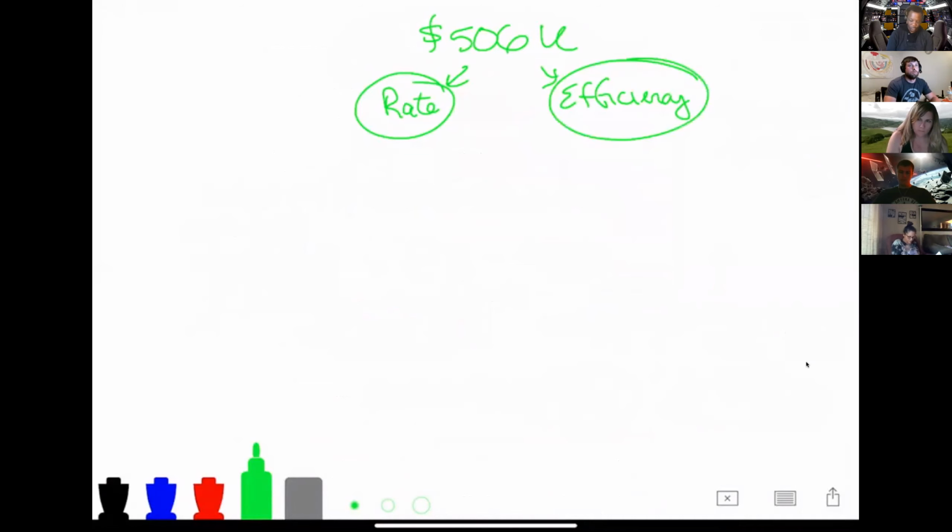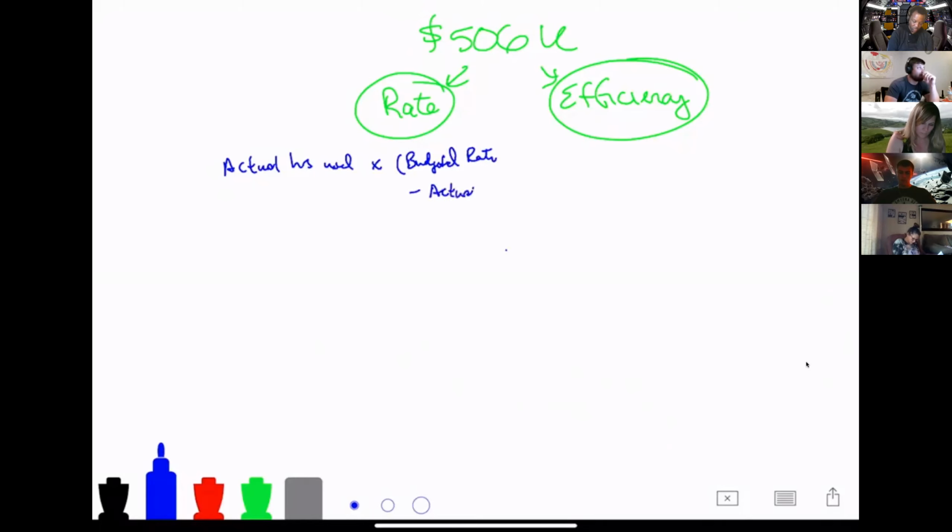For the rate, we take the actual hours used times the difference between the budgeted rate minus the actual rate.